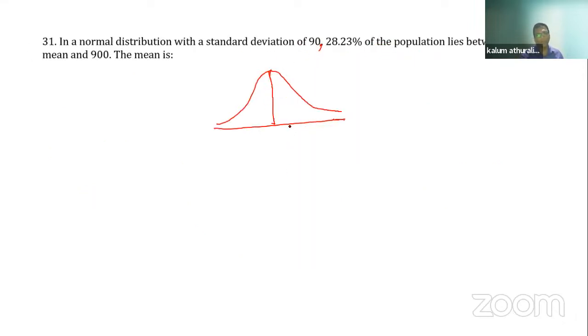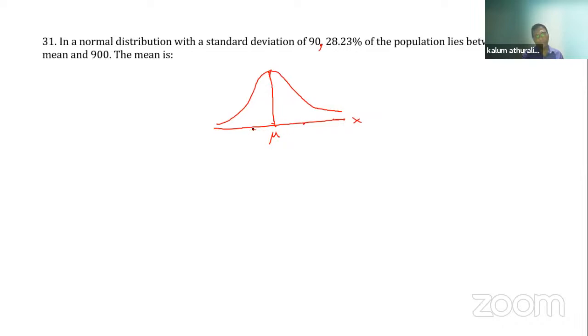Now first you go to the normal curve. We don't know the mean, so find mu. The population lies between the mean and 900. Then is 900 less than mu or greater than mu?